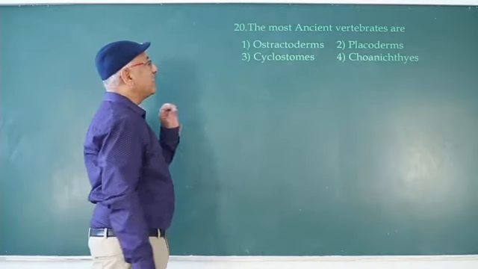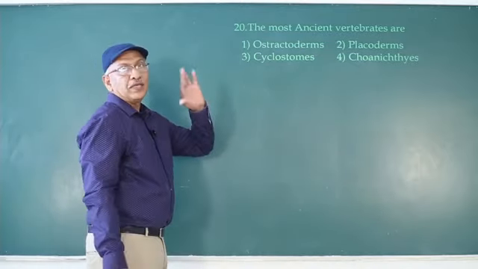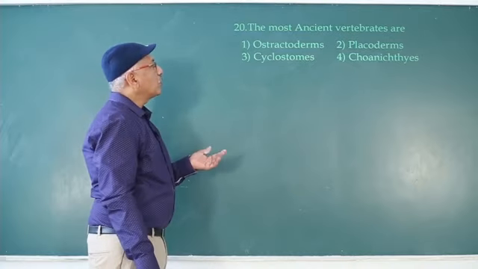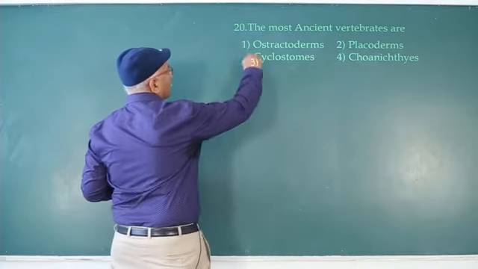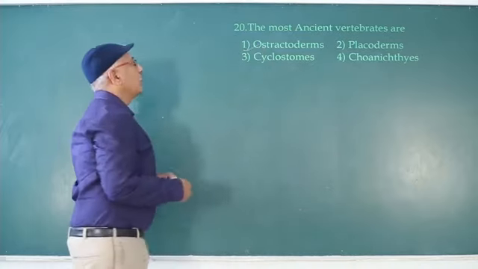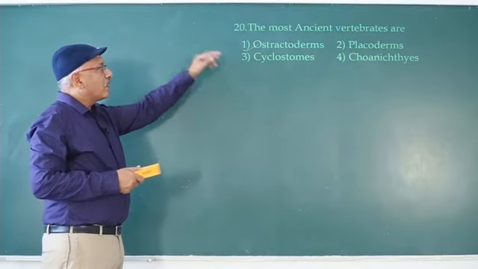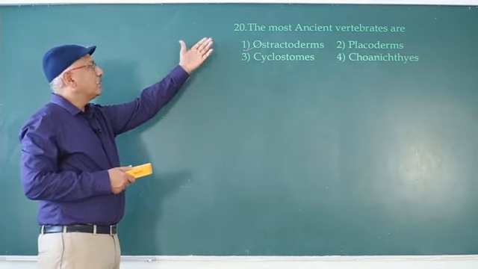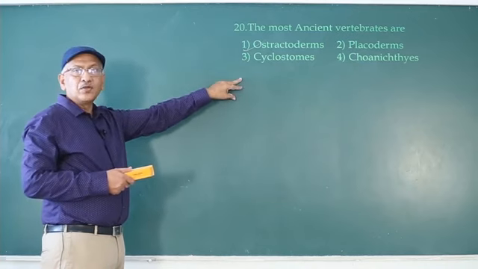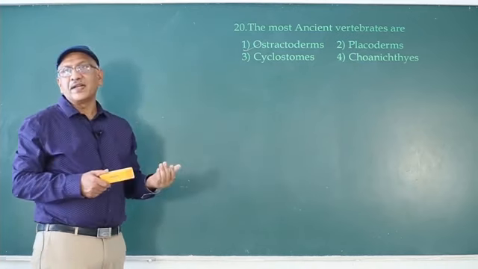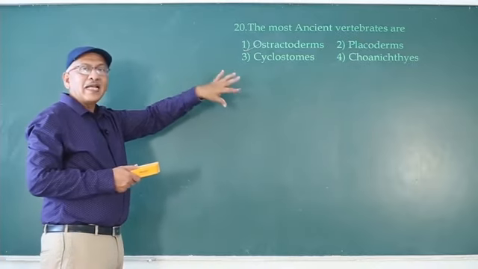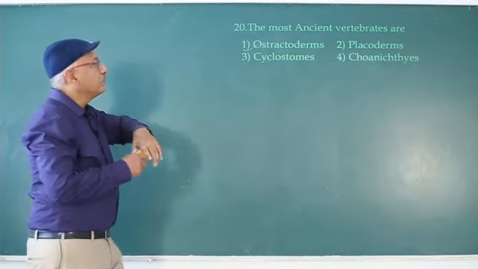The most ancient vertebrates are, so ancient, primitive, Ostracoderms, Placoderms, Cyclostomes, Chondrichthyes. Ostracoderm, ostra means bone, derm means skin. Agnatha is classified into 2 classes, Ostracodermi and Cyclostomes. Ostracoderms are extinct and cyclostomes are extant. Extant means living.